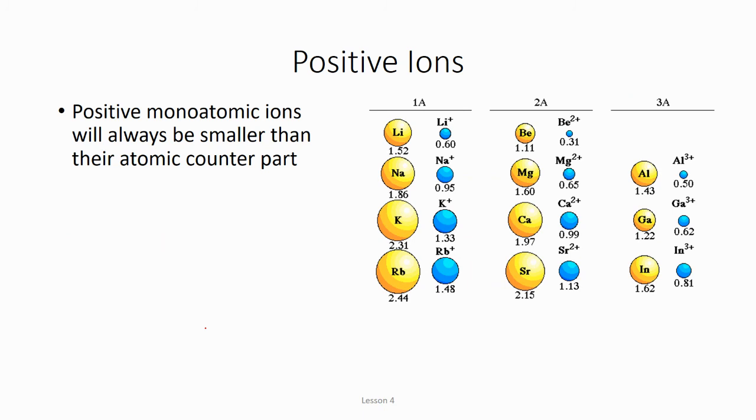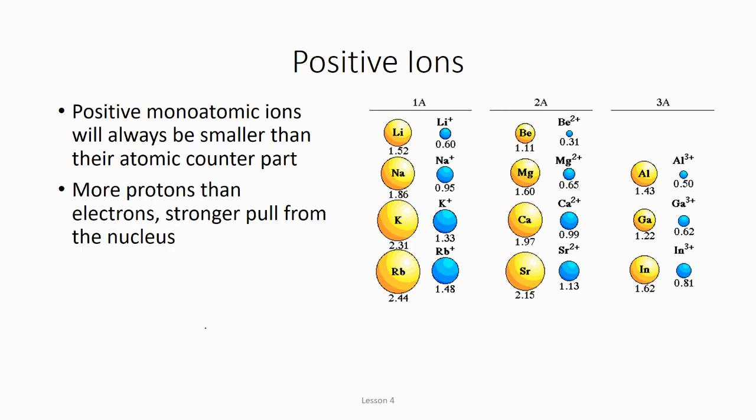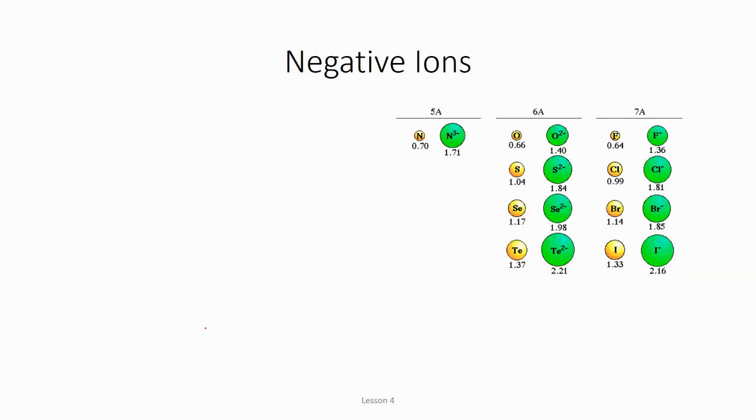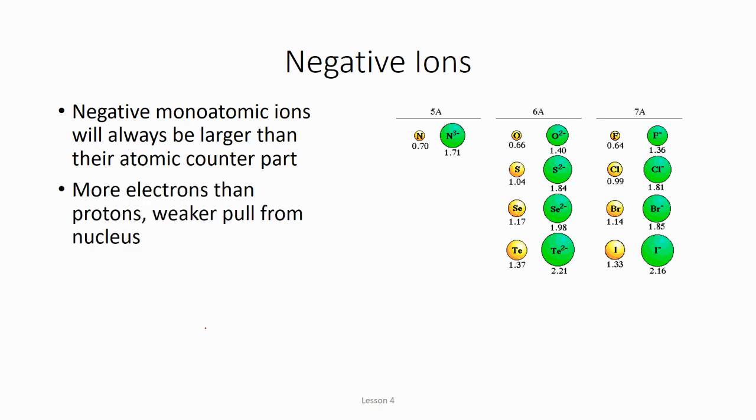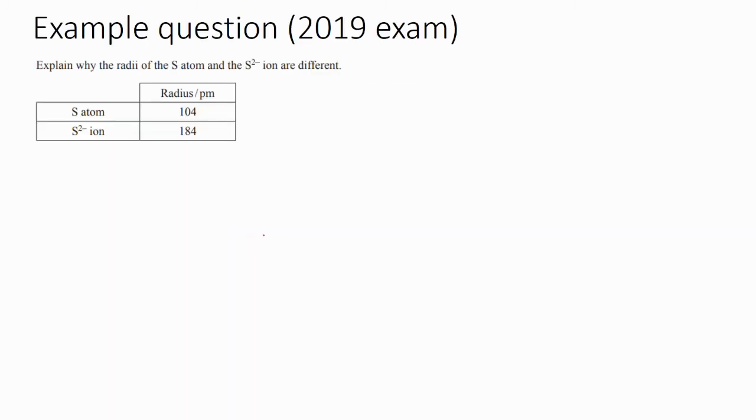Okay, so positive monatomic ions always will be smaller than their atomic counterpart. There are more protons relative to electrons, and so there's a stronger pull from the nucleus. And negative ions always will be larger than their atomic counterpart. There are more electrons, a weaker pull. So the shielding or the electron-electron repulsion has decreased the electrostatic attraction between the nucleus and the outside electrons. So there is a weaker force from the nucleus.